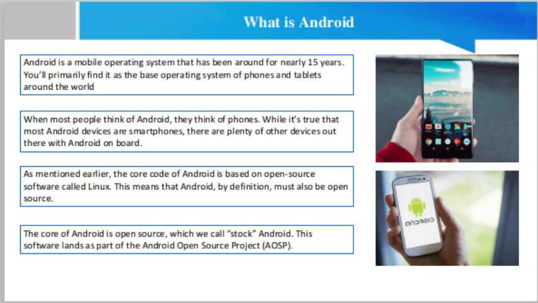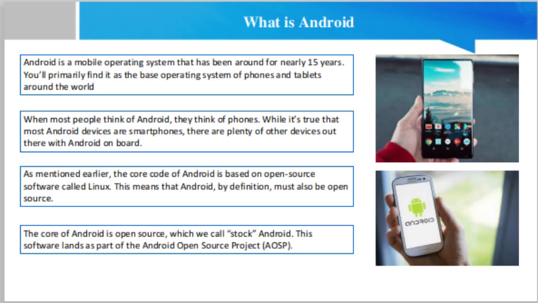Now, what is actually Android? Friends, Android is a mobile operating system that has been around for nearly 15 years. You will primarily find it as the base operating system of phones and tablets around the world. Additionally, there are other operating systems that natively support Android applications, including Chrome OS and Windows 11.